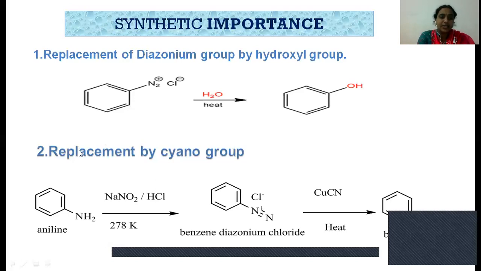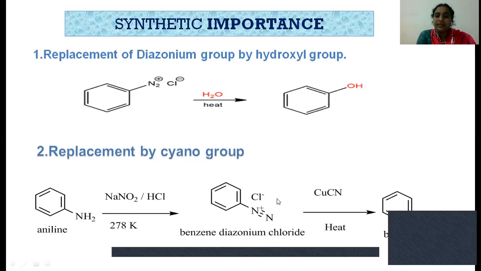And the next reaction: replacement of the diazonium group by the cyano group. Here, as we have all studied, aniline reacts with sodium nitrite and HCl at 0 to 5 degrees temperature, like 273 to 278 Kelvin, which produces benzene diazonium chloride.